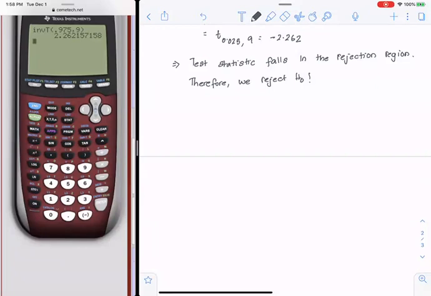But for a left tail test, the problem from last time, the p-value was the area below the test statistic. But here we have a two-tailed test.